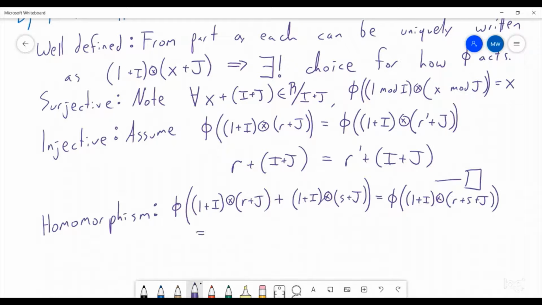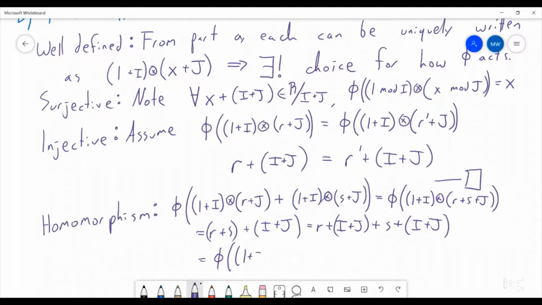So this is equal to 1 times r plus s, so this is equal to r plus s plus I plus j, which is equal to r plus I plus j plus s plus I plus j, which is equal to phi of 1 plus I tensored with r plus j plus phi of 1 plus I tensored with s plus j, and there we go.